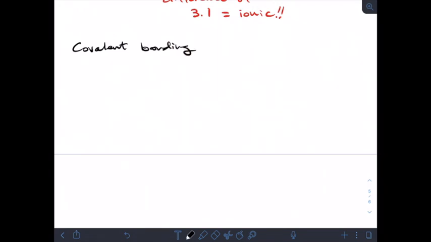Unlike ionic bonding, covalent bonding is a sharing of electrons. Not transferring, but sharing. That's very important.